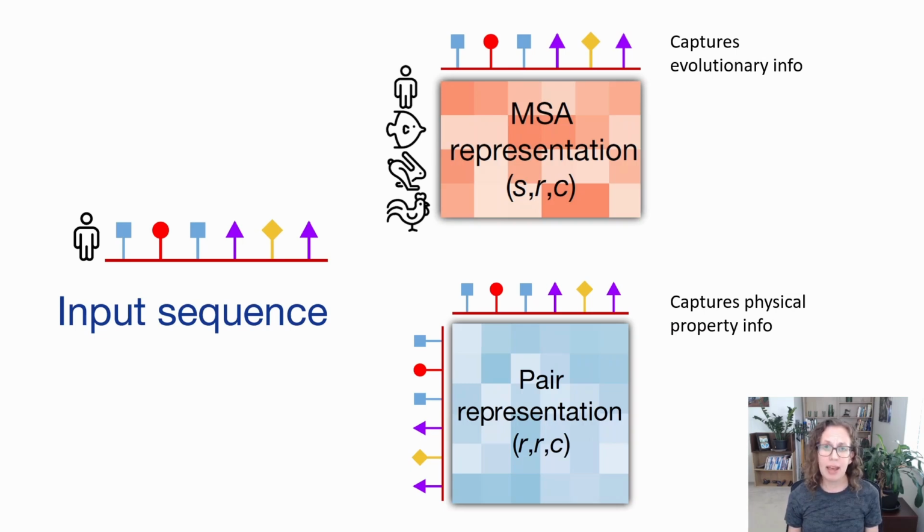And then the second way that the sequence is represented is a pair representation. And so here the matrix along both sides has the sequence, and it's trying to come up with an estimate of how far each amino acid would be from each other amino acid. And this captures a lot of information about physical properties of the amino acids and how they might relate to each other.